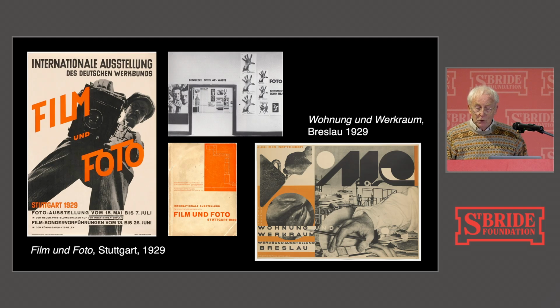Now, as I'm sure everyone in this audience knows, this seemingly all-conquering constructivist typography was brought to a shuddering halt in April 1933 with the full rise to power of the Nazi Party.